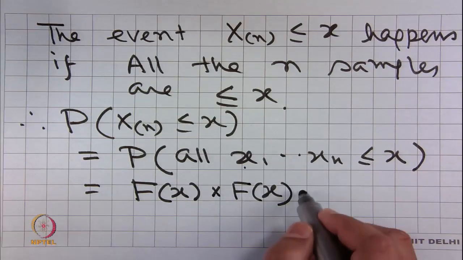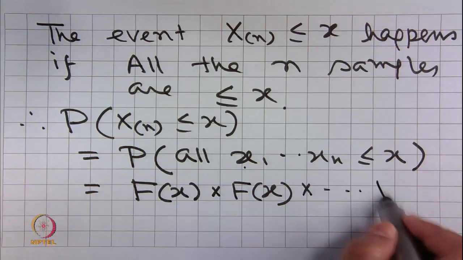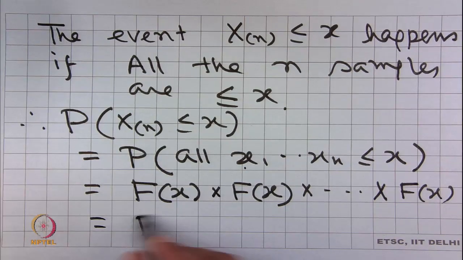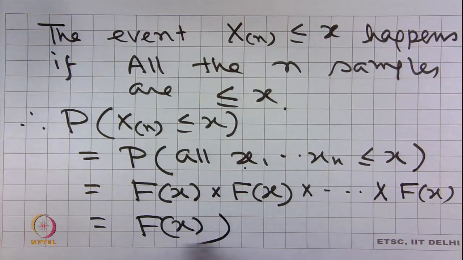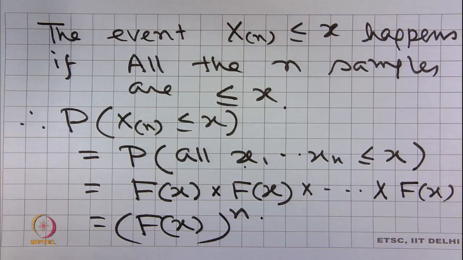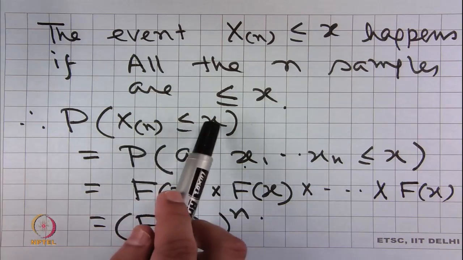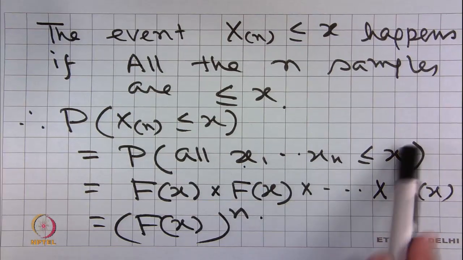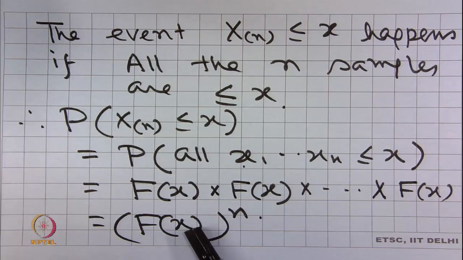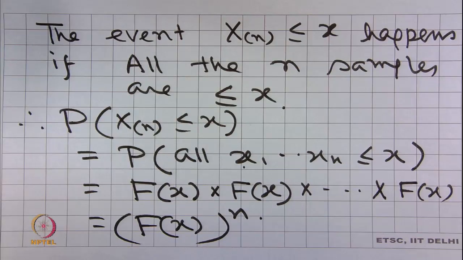That is also F(x). So the product is F(x) to the power n, right. Therefore, the maximum will be less than or equal to x if all the observations are less than or equal to x, and that probability is F(x), where F is the parent distribution, to the power n.